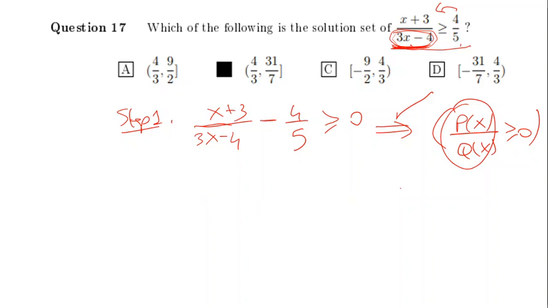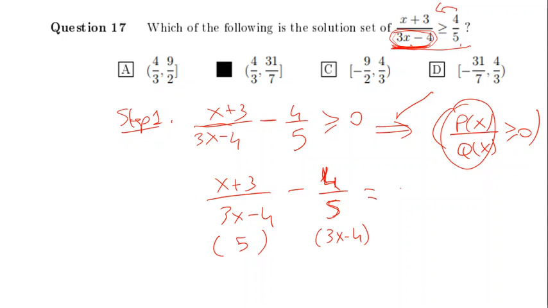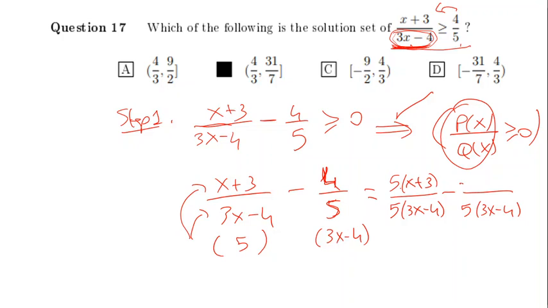Now you have to know how to do the fractions here. There is no common denominator here. You just basically multiply the denominators with each other, and then you will get 5 times x plus 3 divided by 5 times 3x minus 4, minus 5 times 3x minus 4, and then negative 4 times, okay, this will be 4 times 3x minus 4.